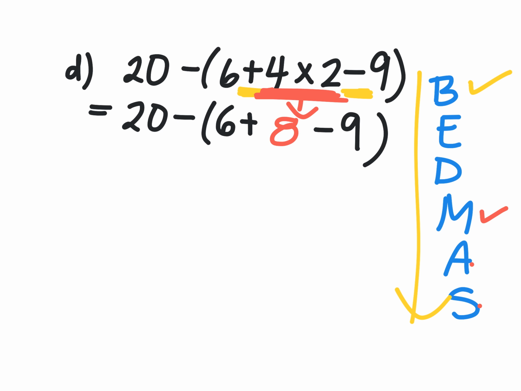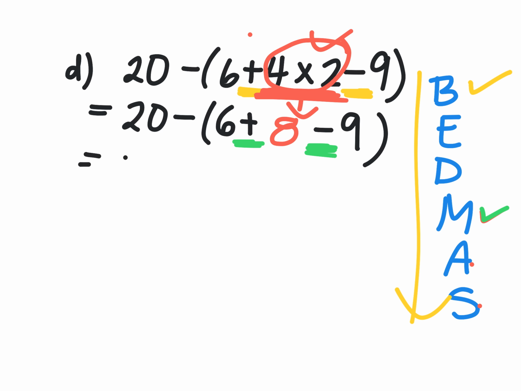Okay, so we've done this. That's gone now. All we have left inside the bracket, we're still working inside the bracket. We still have to finish what's inside the bracket. Now we have addition and we have subtraction. We're done with the multiplication inside the bracket. What comes next? Addition. Good.